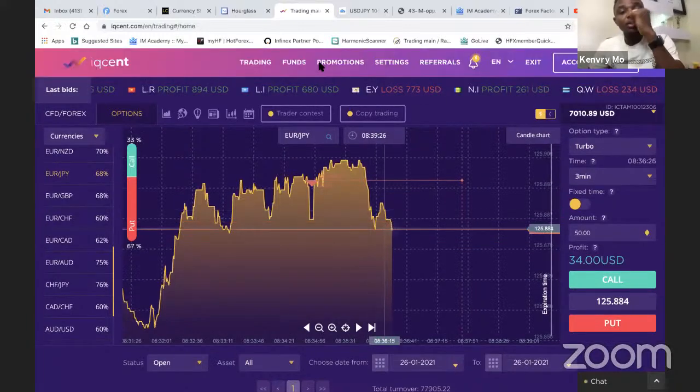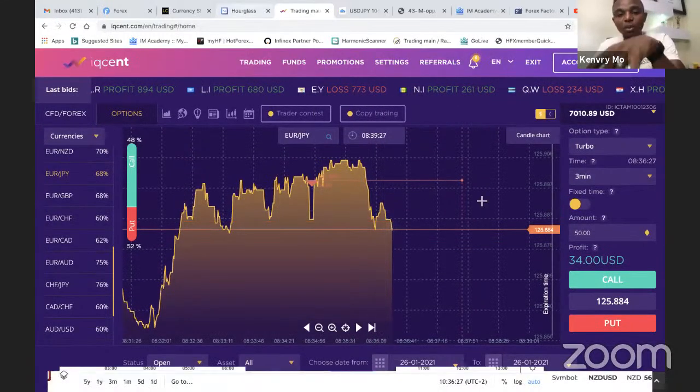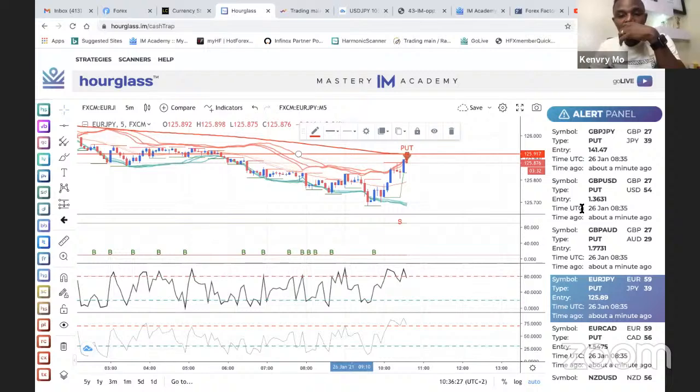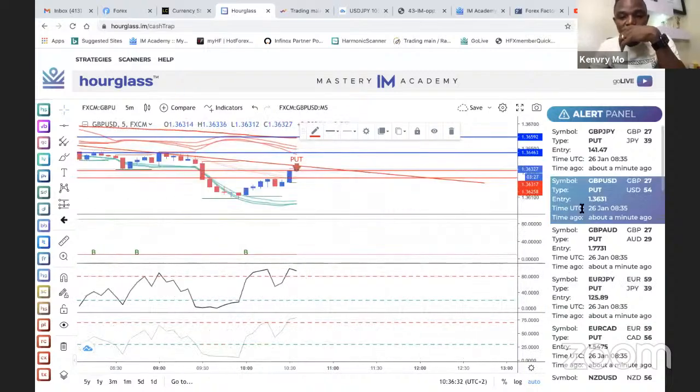These guys are going to drop. They are going to drop. Look at EJ is dropping. Okay, GU got to our area, and this guy is also going to drop. Where is GU right now?